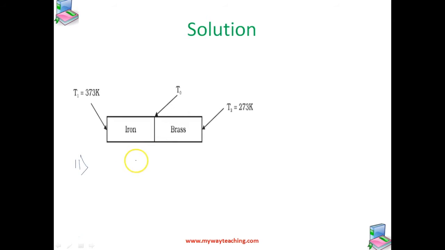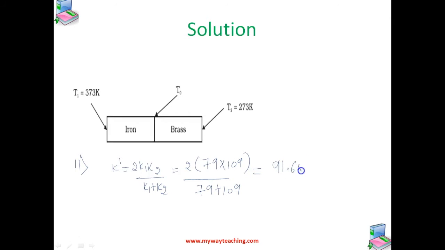Similarly, for the second case, K dash is equal to 2 K1 K2 by (K1 plus K2), that is 2 into 79 into 109 divided by 79 plus 109, which is equal to 91.6. Okay, this is the solution.